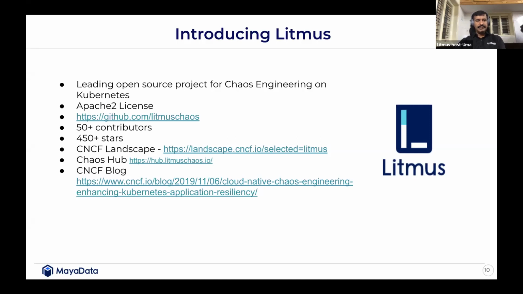We do have a good number of followers on GitHub, with close to 500 stars now. And there's a blog that we posted on CNCF, which gives a decent overview of how Litmus can be used to practice chaos engineering. So do take a look at it. The entire project is under the Apache 2 license, and everything is open source.